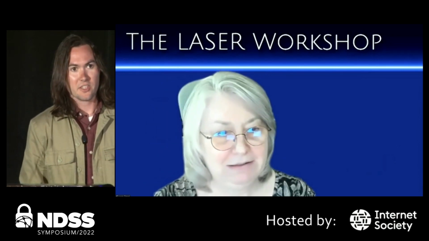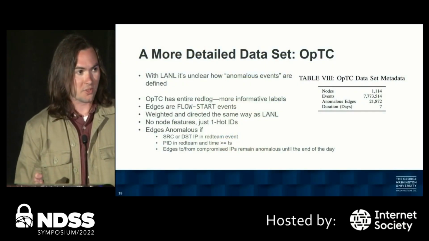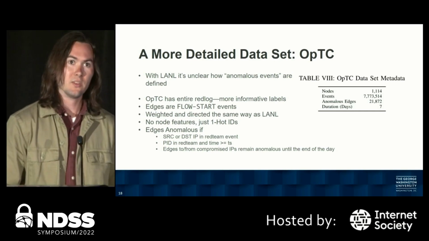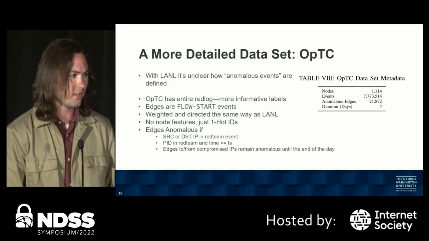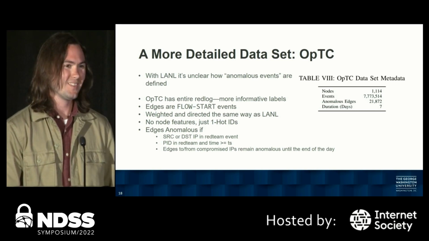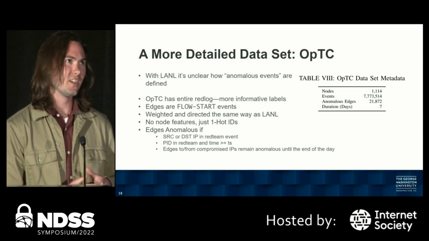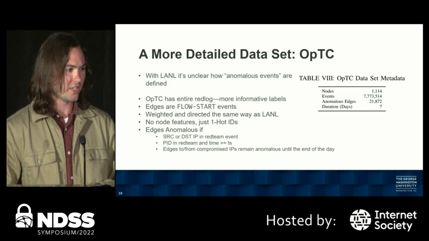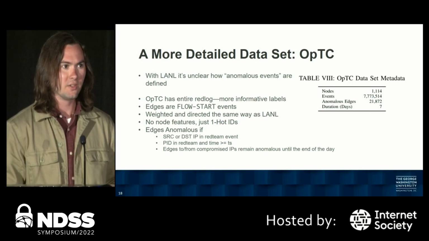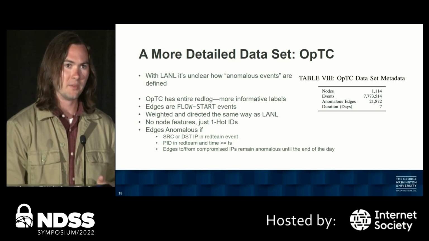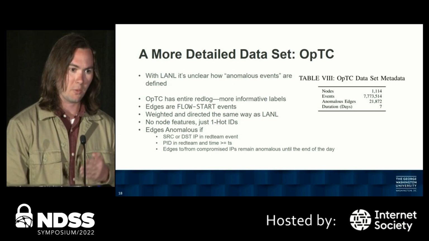Both of these data sets are open source, so anyone can go grab them. I think there are links to them in the paper. The LANL data set is from Los Alamos National Laboratory. It's a big computing lab, an actual office type situation where people are going about their business throughout the day, and then they're running controlled malware attacks on it.